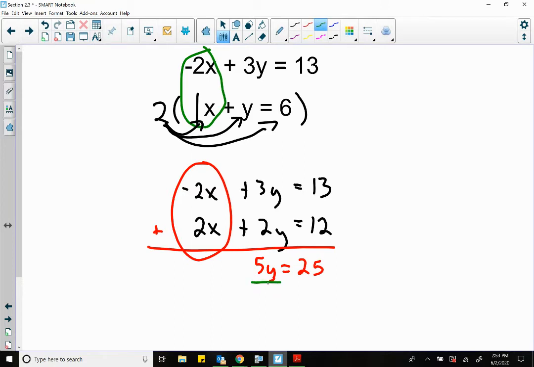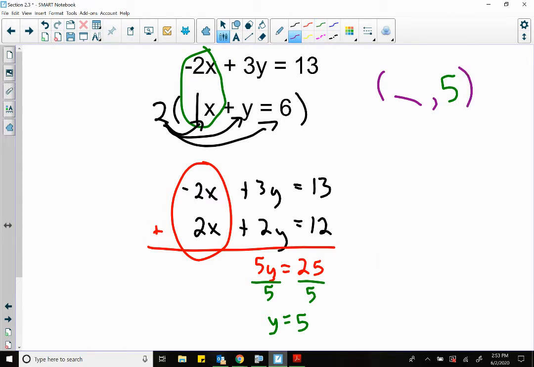So divide by 5, divide by 5, y is equal to 5. And now you know part of your answer. We know that it is blank, comma, 5.